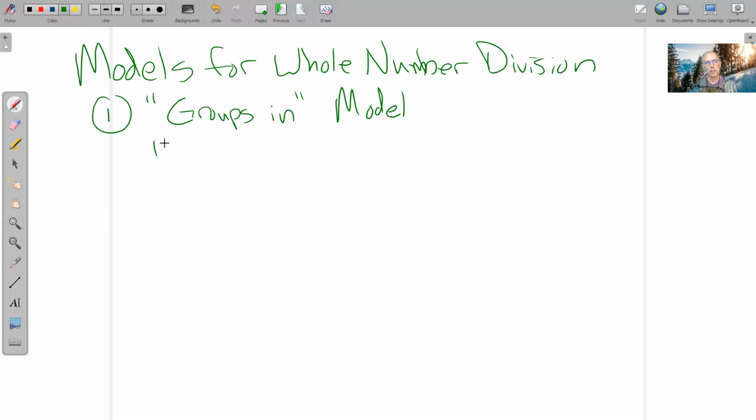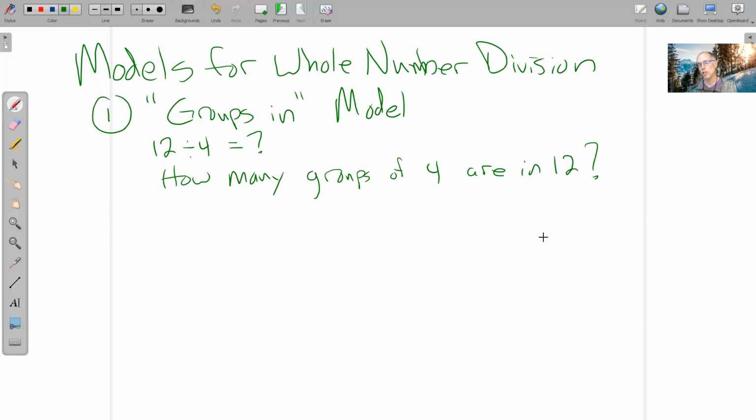And if I have something like 12 divided by 4 equals what, the question this model asks is how many groups of 4 are in 12?